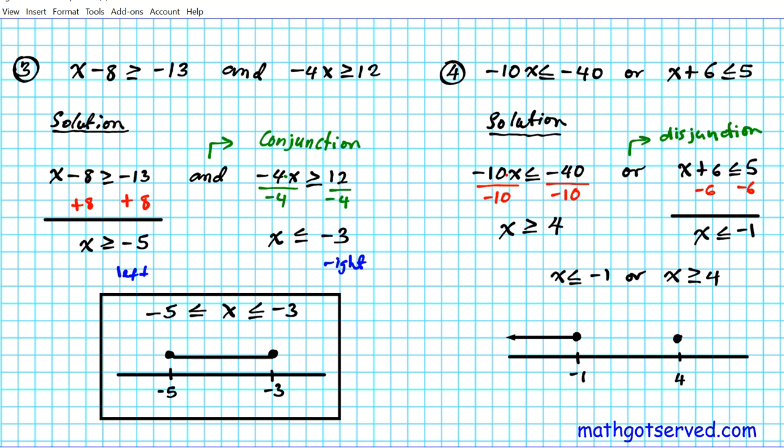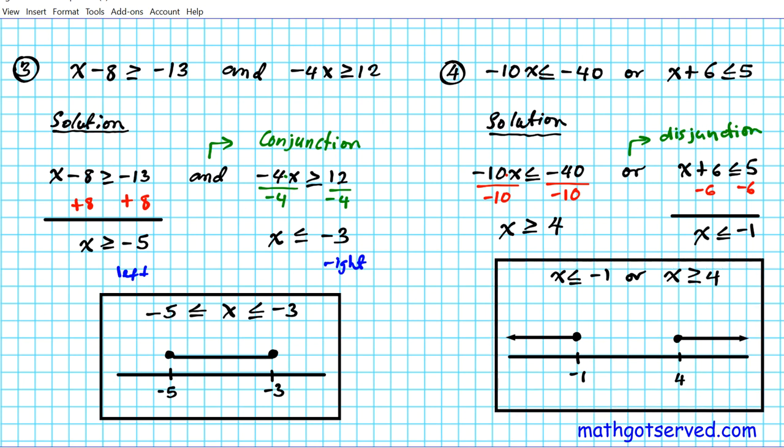So 4 and anything greater will also be part of the solution region to this disjunction. That is a graph of the solution, ladies and gentlemen, to question number 4. All right, let's go ahead and box it and give you some practice problems to work on at this time.